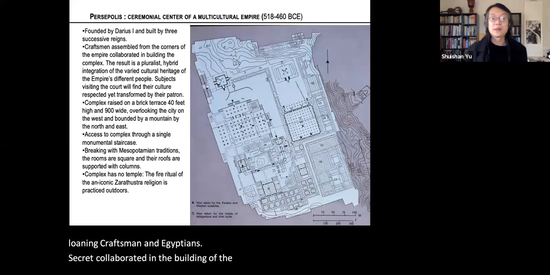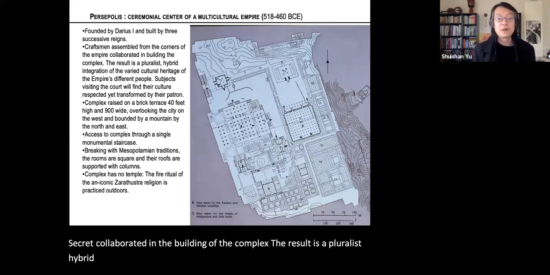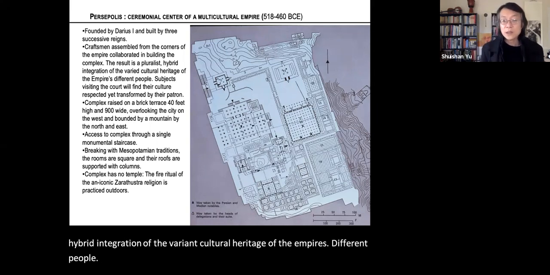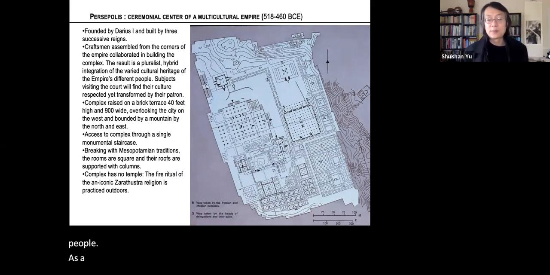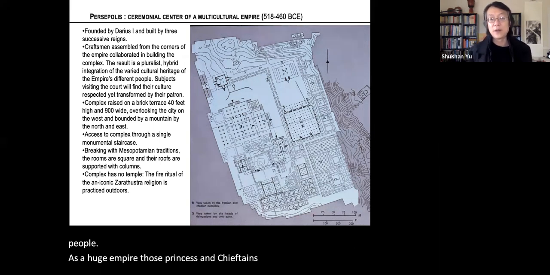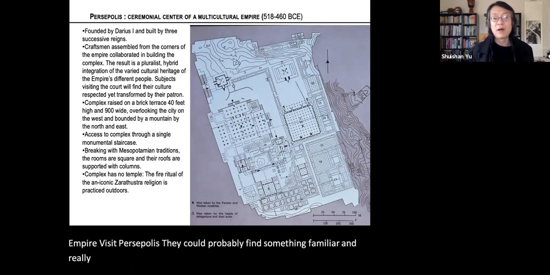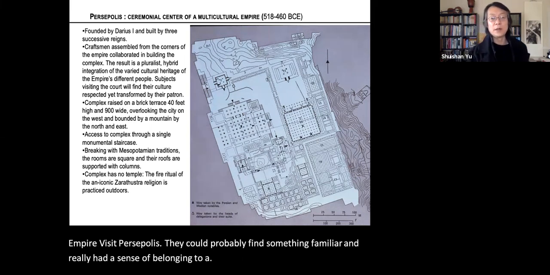The result is a pluralist hybrid integration of the varied cultural heritage of the empire's different people. As a huge empire, princes and chieftains from different parts of the empire visited Persepolis. They could probably find something familiar and have a sense of belonging to a big empire.